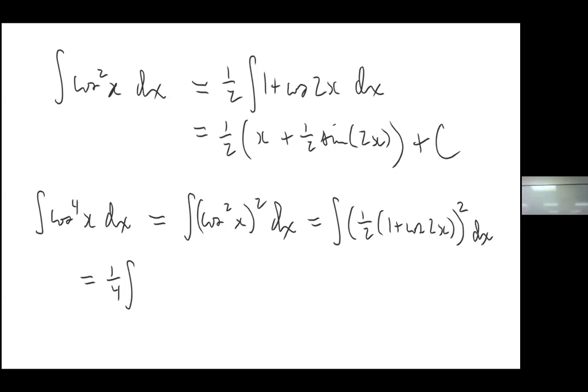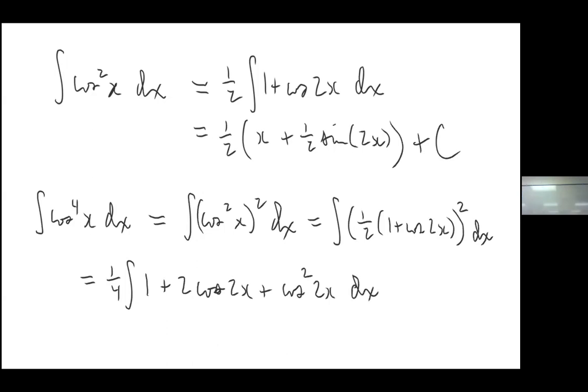We're just going to square the 1 plus cosine of 2x. That's going to be 1 plus, okay, cosine 2x, cosine 2x. So it's going to be how many cosine 2x's? Yeah, 2 cosine 2x's plus cosine squared of 2x. Ooh, dx.